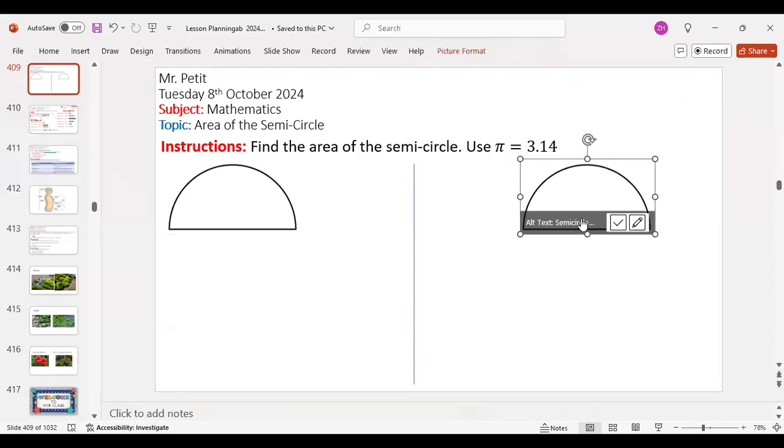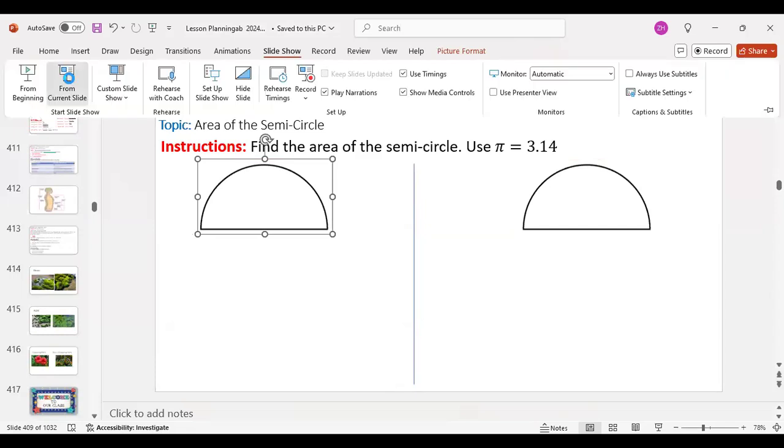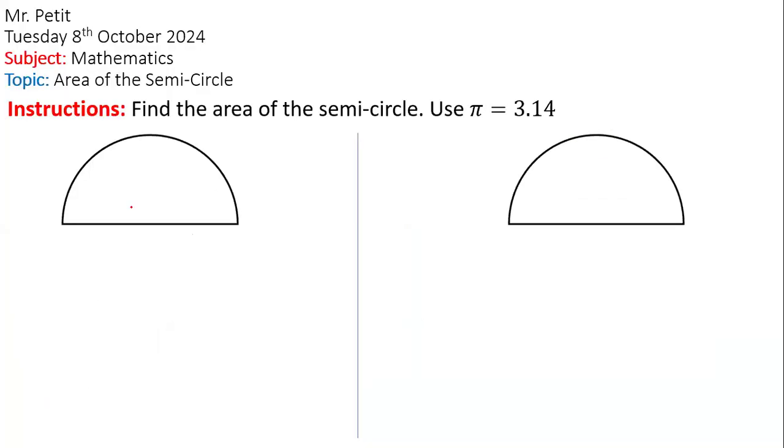Okay, should be good. All right, so let's say, for example, we have that our semicircle is 16 centimeters. Now, from this end to this end is 16 centimeters. And we want to find out what is the area of our semicircle.